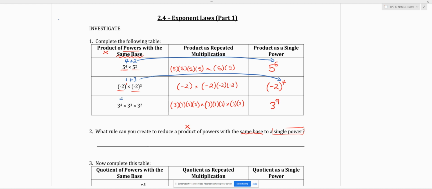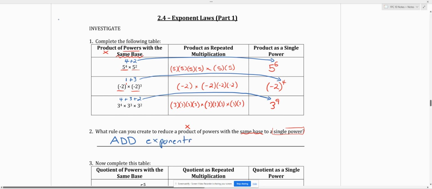Last, I have four 3s plus 3 more 3s plus 2 more 3s all being multiplied, which is represented in the middle column, but we can skip that step and just go right to 9. 4 plus 3 plus 2 is 9. So what's our law? What's our rule? We just have to add exponents. That's it, and then we can write it as a single power.